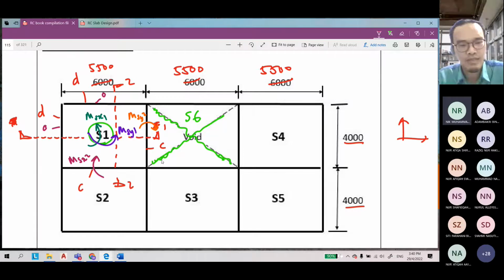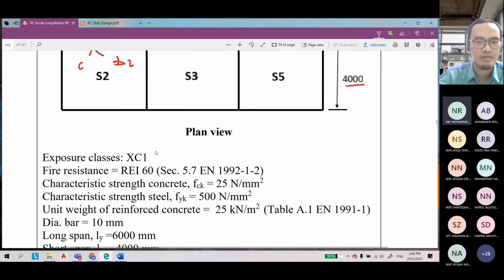We assume that the bending moment there is 0.